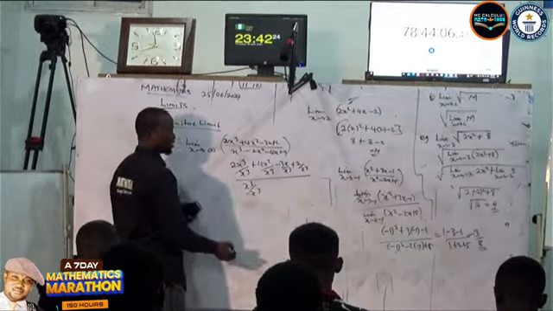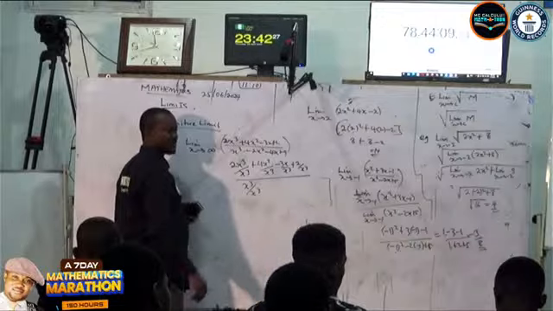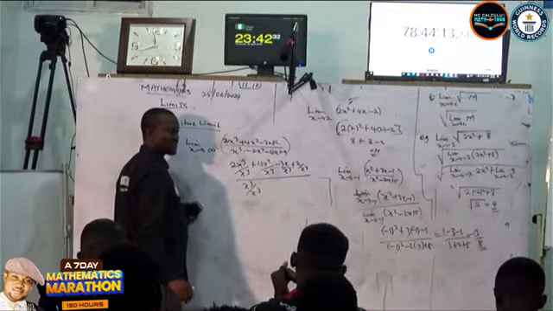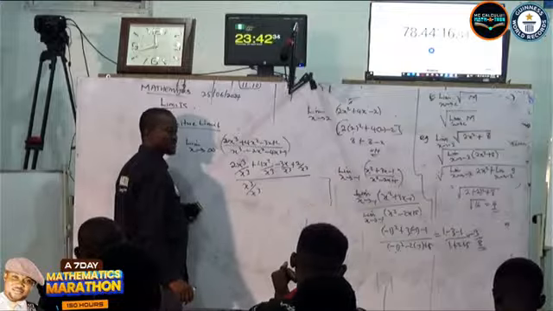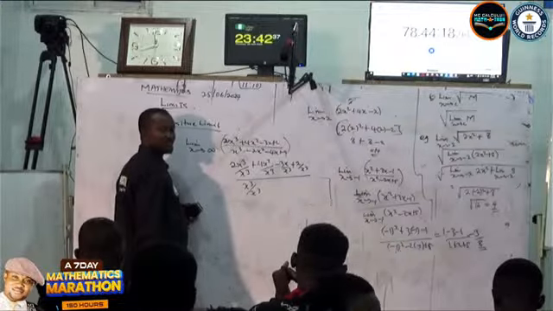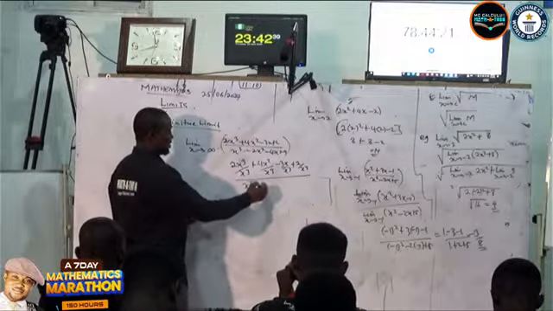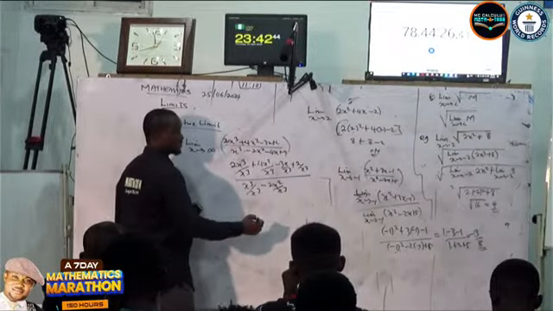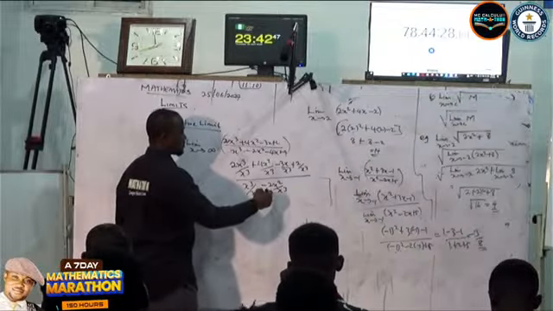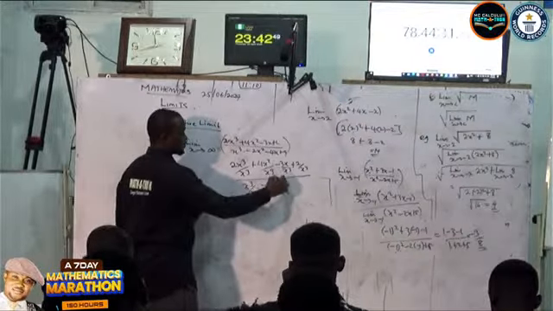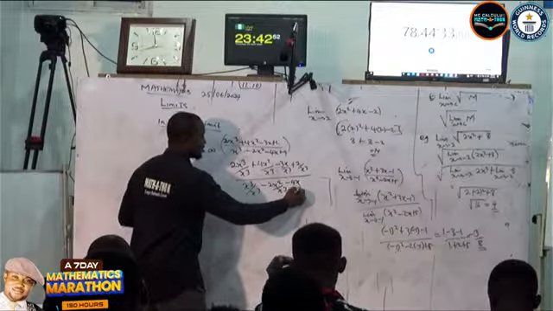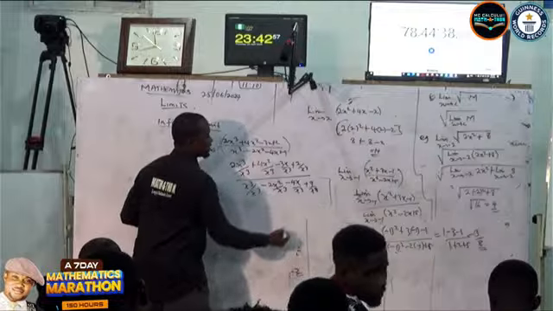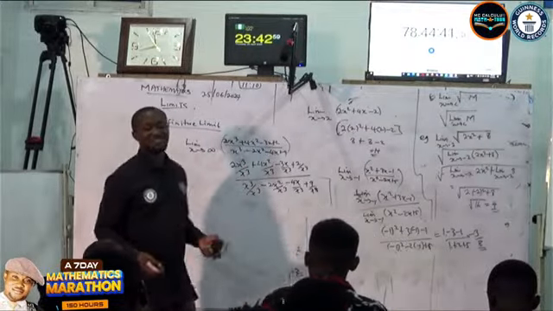Have you seen what I'm doing? Minus 2x squared over x to the power of 3, minus 4 over x to the power of 3, plus 9.